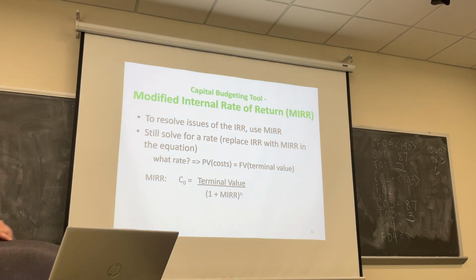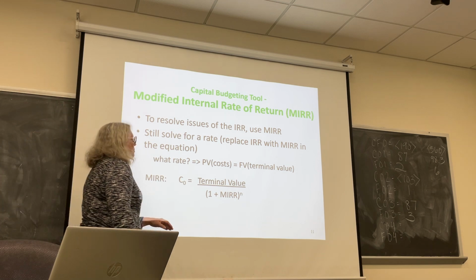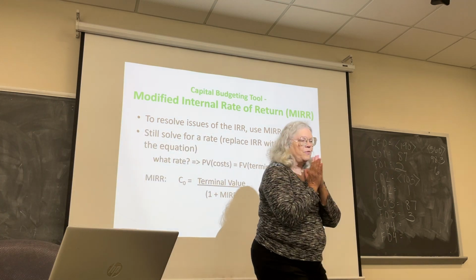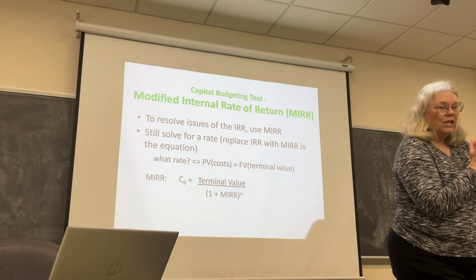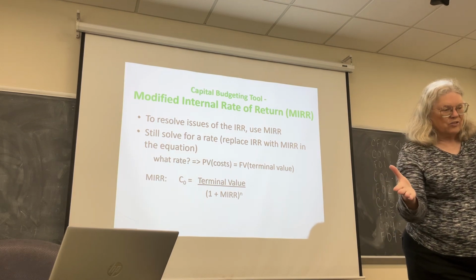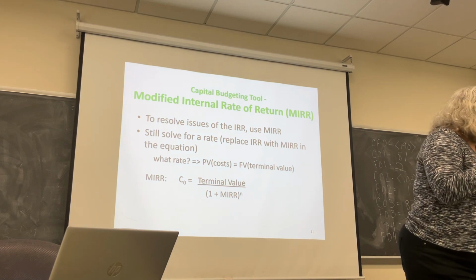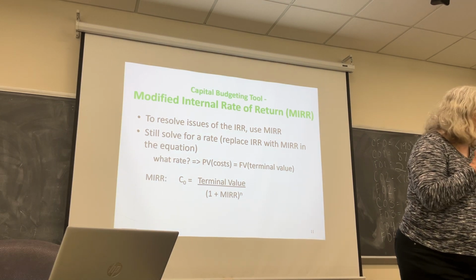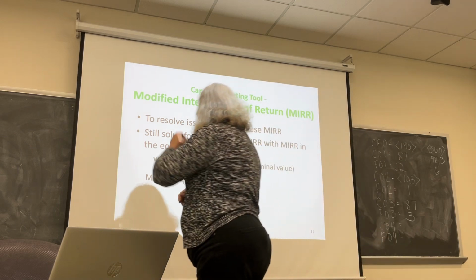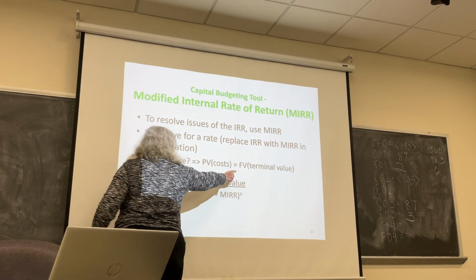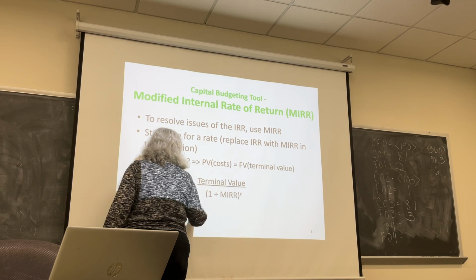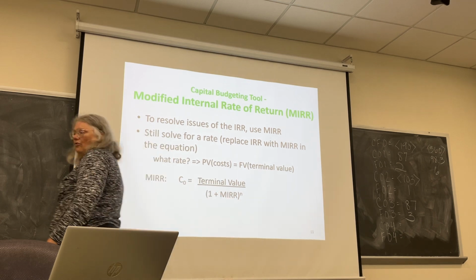So then we have the MIRR, which helps us to resolve the issues from the IRR. We're still solving through a rate, but the big thing to remember here is each cash flow is going to be used once in the evaluation. If it's negative, we do a present value, and if it's positive, we do a future value. Okay? And then we find that terminal value, the future value, and solve for the rate.